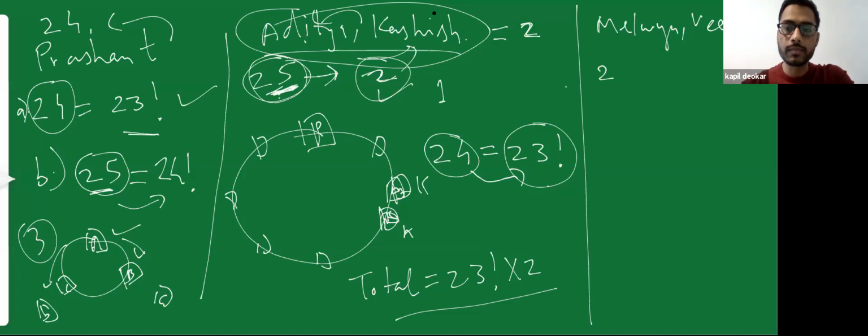Same condition. Prashant has invited them for dinner, including Prashant. There are 25 people, and out of these 25 people, I want these three dear friends, Melvin, Veer, and Om, to always sit together. In how many ways can I do that? Type in your answers to let me know.